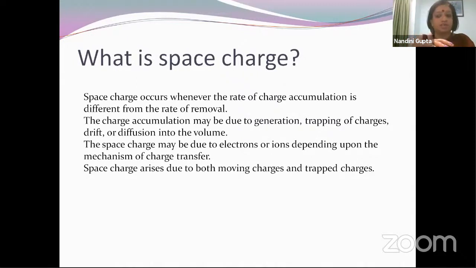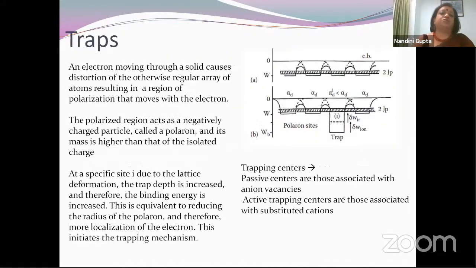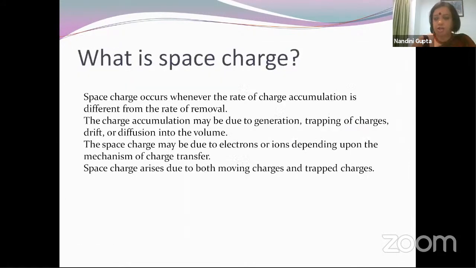So you have a situation where the applied field is present, and on top of it is superimposed a second field due to the charge. The applied field is called the Laplacian field, and the charge field is called the Poisson field, because you need Poisson's equation to solve for the space charge field.